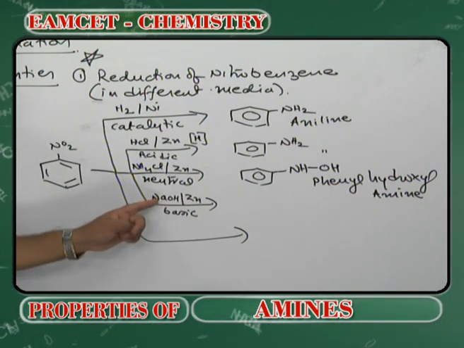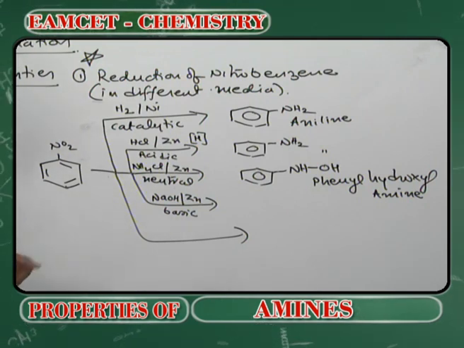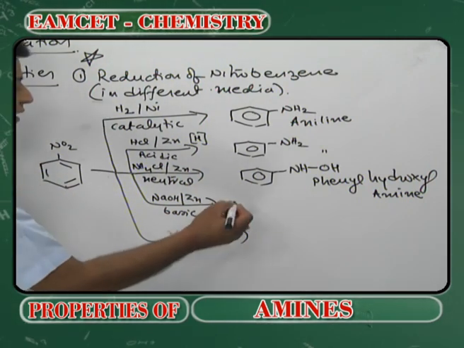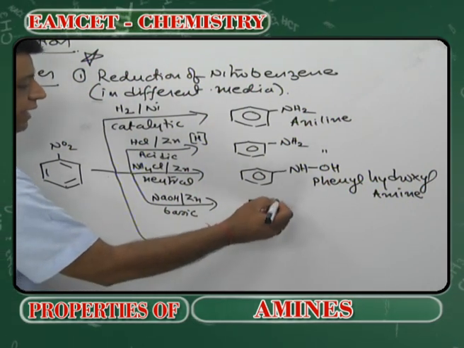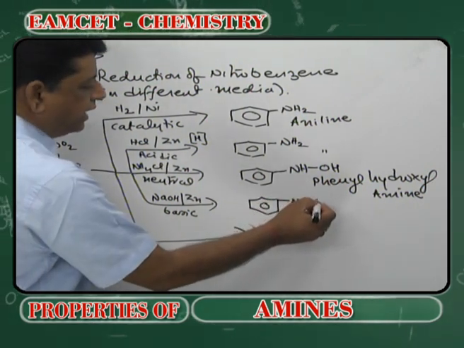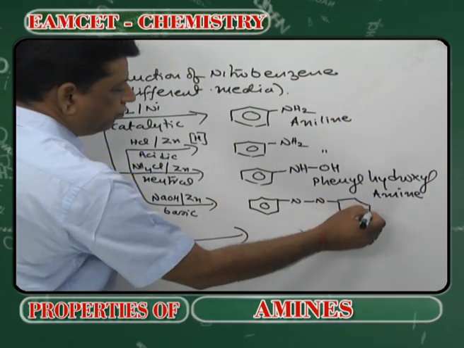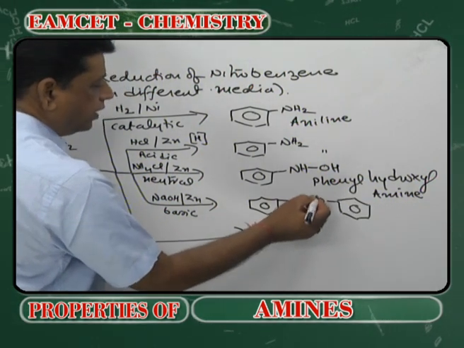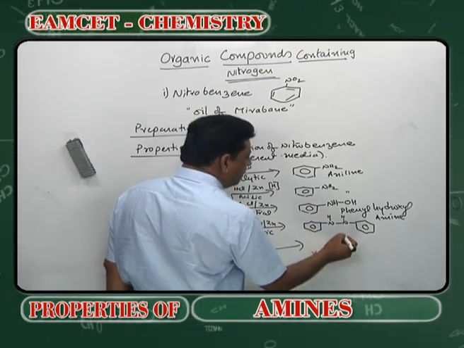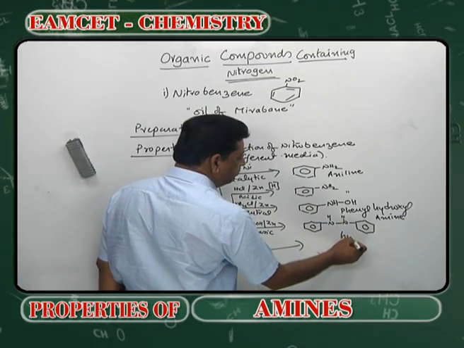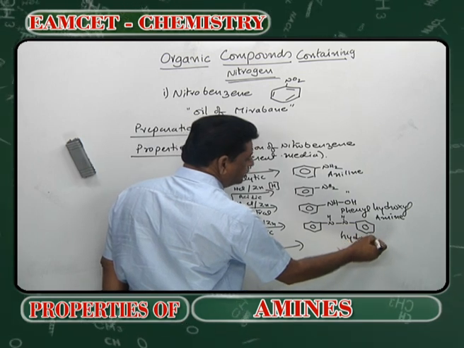Still the zinc reacts with NaOH and liberates hydrogen, which will reduce this compound to benzene with NN, here 1 hydrogen, here 1 hydrogen. This compound is known as hydrazobenzene.